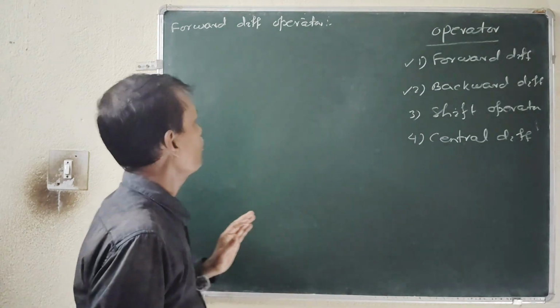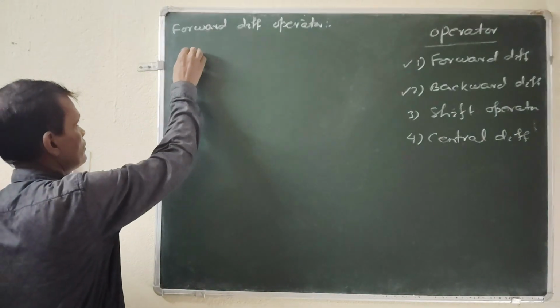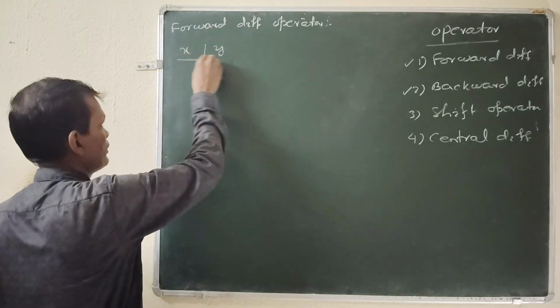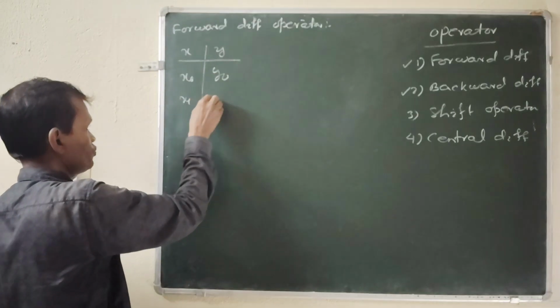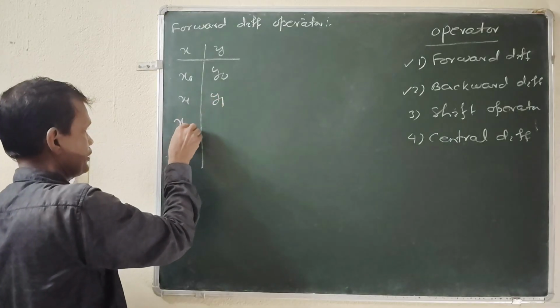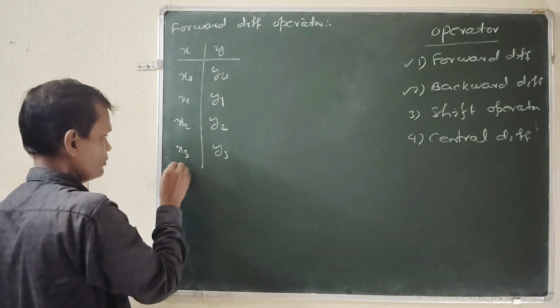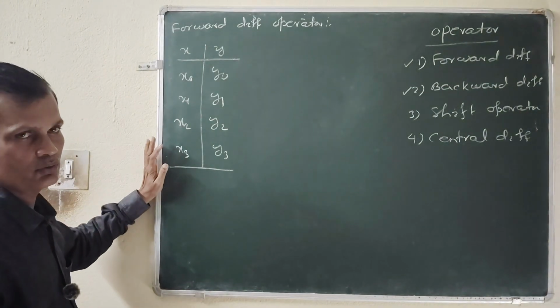So let us start. What is the forward difference operator? Say we are having the set of data as x and y: x0, y0, x1, y1, x2, y2 and x3, y3. Just we assume these four data.